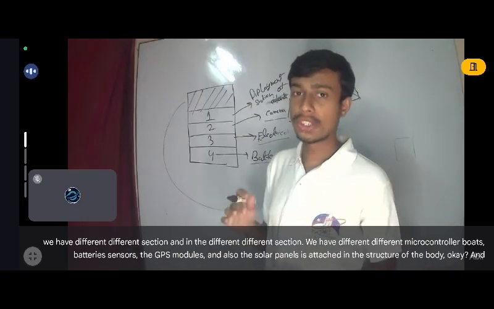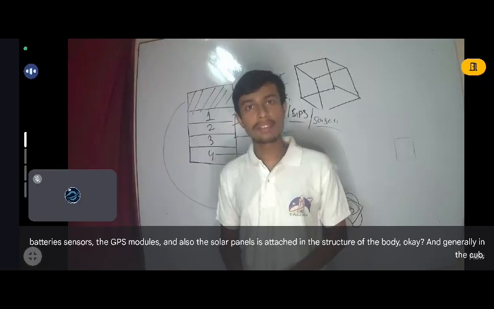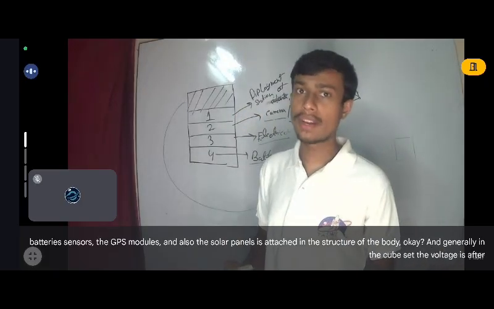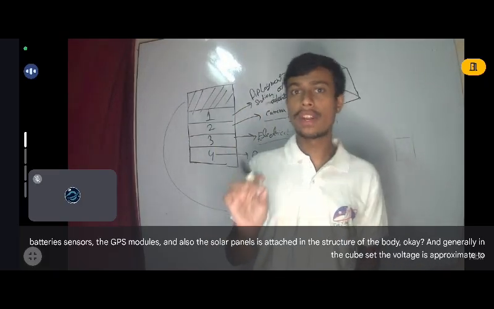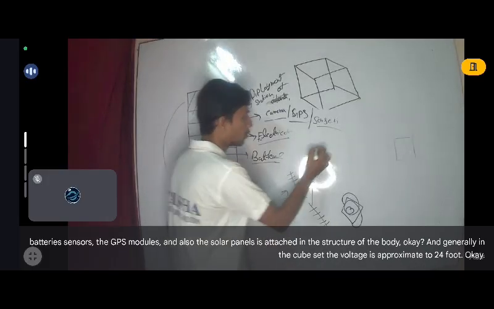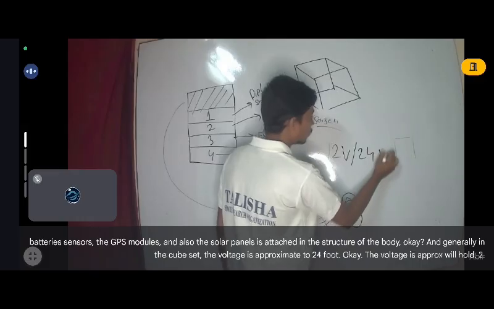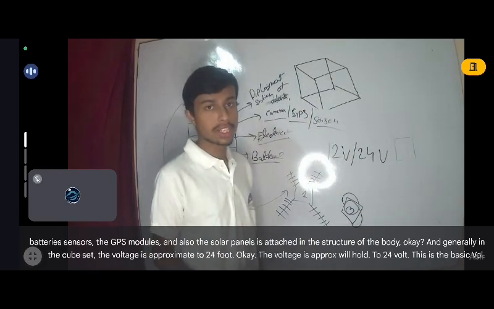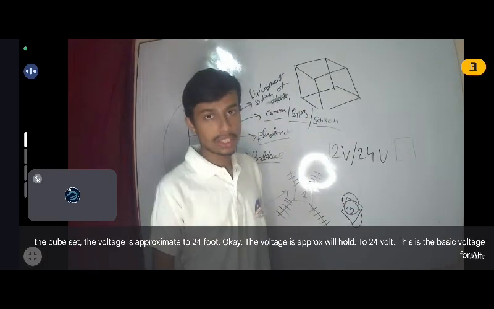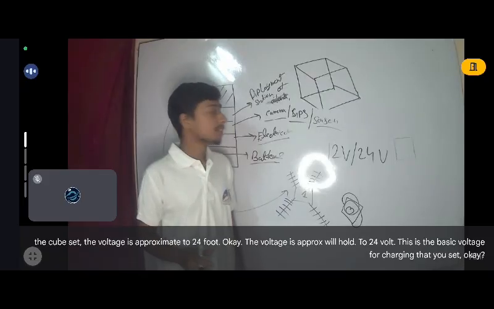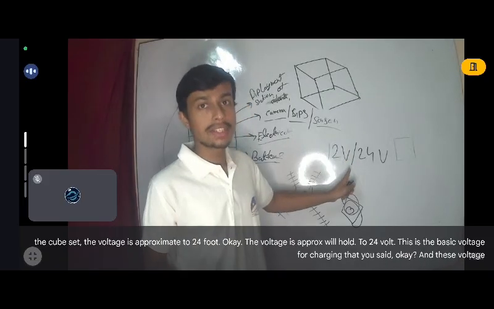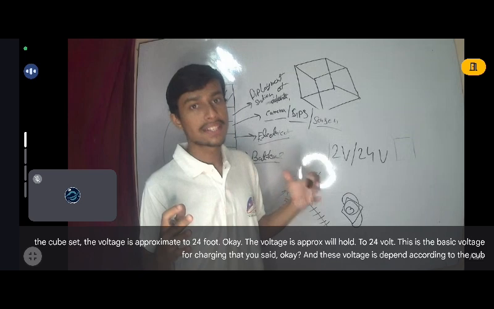Generally in a CubeSat the voltage is approximately 12 volt to 24 volt. This is the basic voltage for charging the CubeSat, and this voltage depends on the CubeSat size.